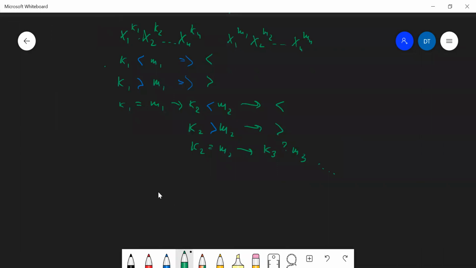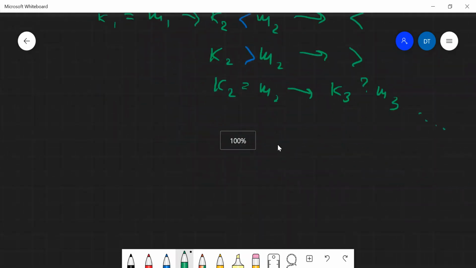So the first monomial is strictly larger than the second one. Let me write it here.